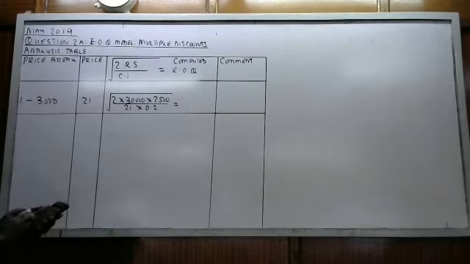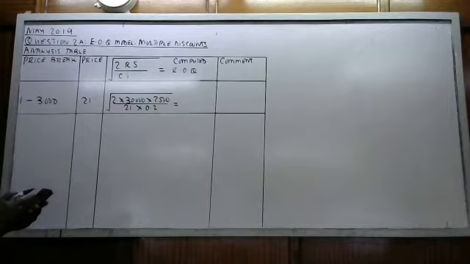That is 2 times 30,000 times 2,500 equals. Divide by 21 times 0.2, squared.